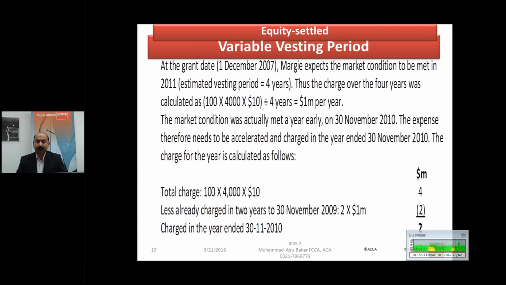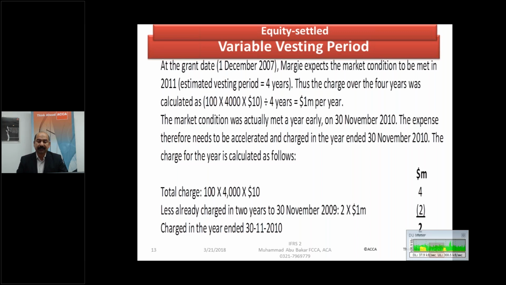Thus, the charge over the 4 years was calculated as 100 into 4,000 into 10 divided by 4 years, which is equal to $1 million per year. The market condition was actually met a year early on 30th November 2010. The expense therefore needs to be accelerated and charged in the year ended 30th November 2010.